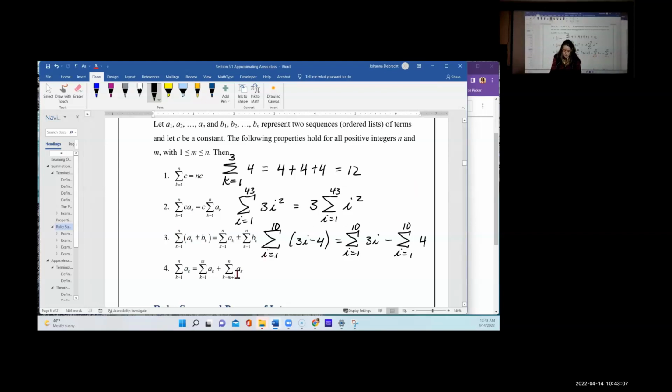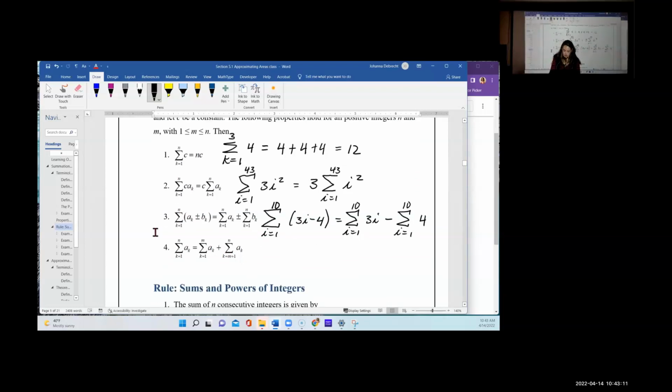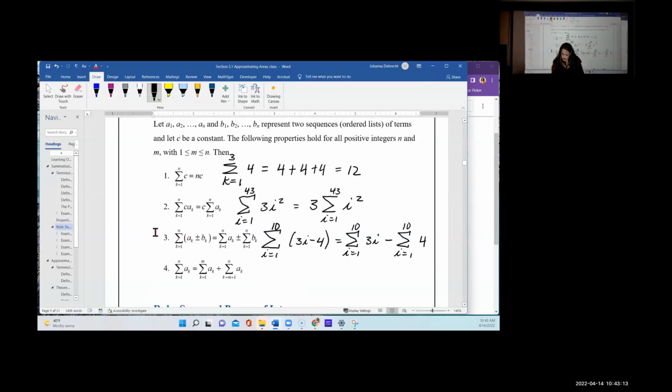The last one is a little bit more subtle and actually in some ways more important. So when I look at this last one, if I have the sum from k equal 1 to 20 of, oh, I don't know, 2k, that should be a k.